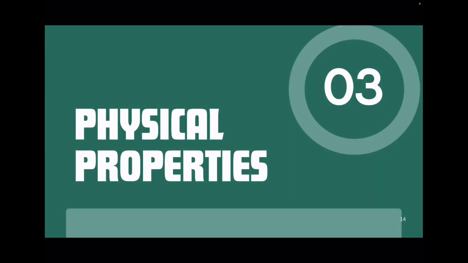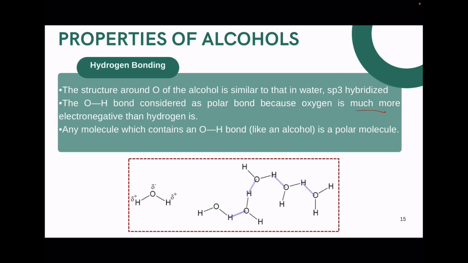Moving to the physical properties of alcohols. Alcohols exhibit hydrogen bonding due to the presence of hydroxyl groups. The OH bond is considered a polar bond because oxygen is much more electronegative than hydrogen. That's why any molecule which contains an OH bond is a polar molecule.